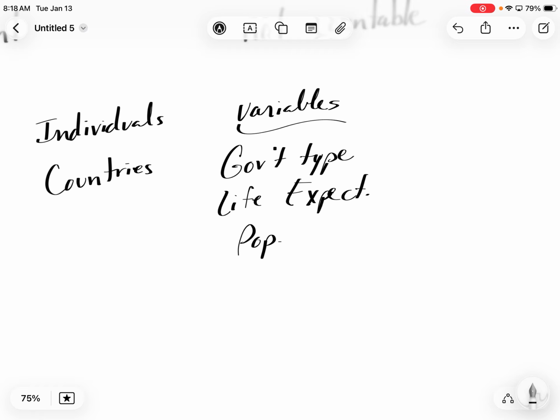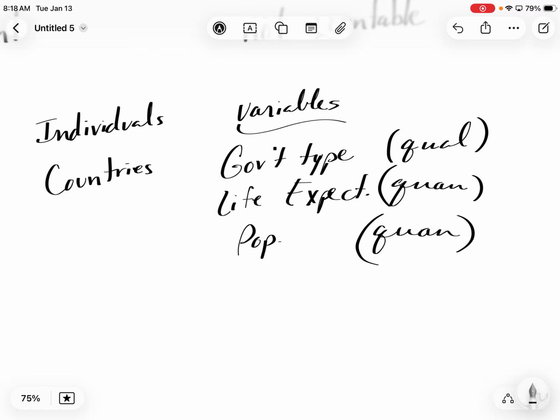Is that quantitative or qualitative? Quantitative. And then population, would that be quantitative or qualitative? Quantitative, because you're able to count them. So again, this would be qual, quant, quant. And those are Q's, just so you know. That's a cursive Q, lowercase, for me.